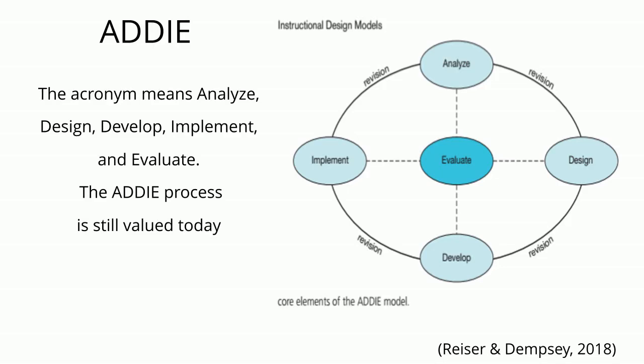We will develop and integrate our technologies at this point. The implementation phase is where we train the facilitators and the learners so that they can understand and use what we have put together for them during the development phase. The evaluation phase is formative and summative, and it happens throughout the entire process of the ADDIE model.